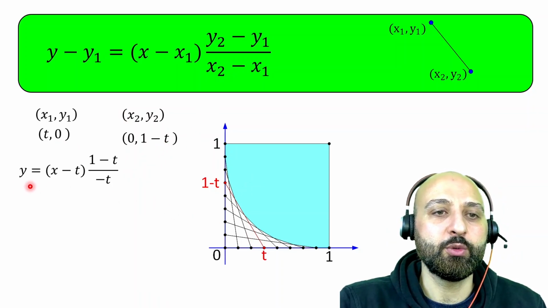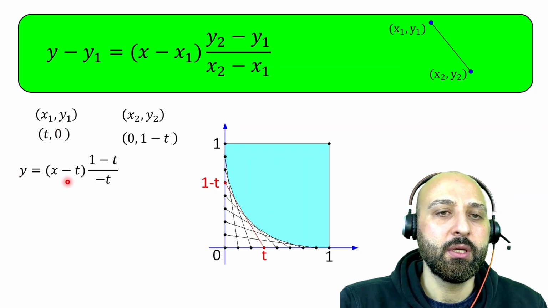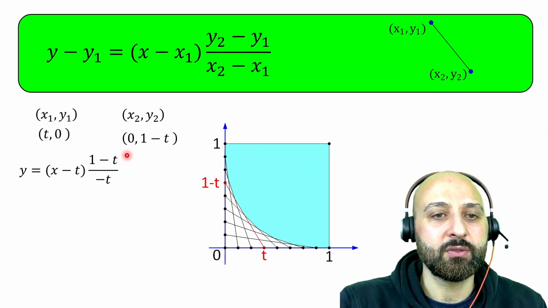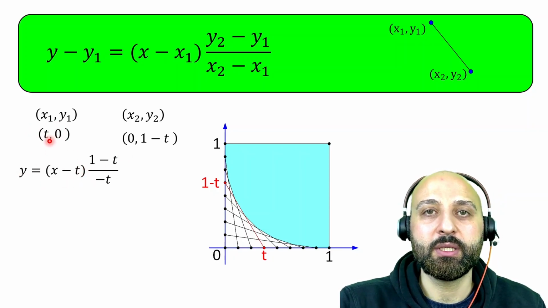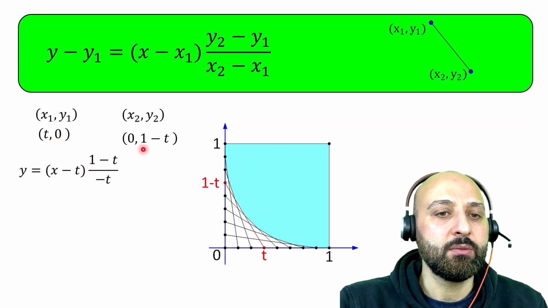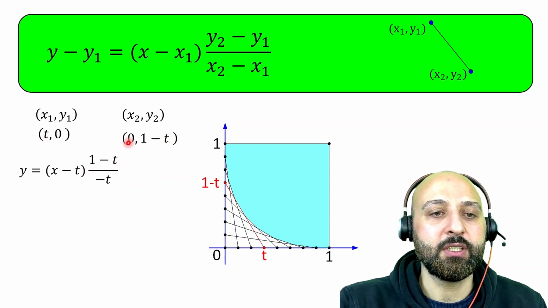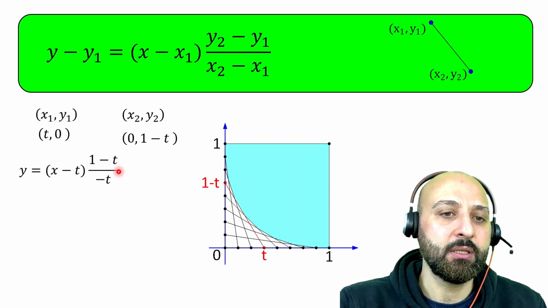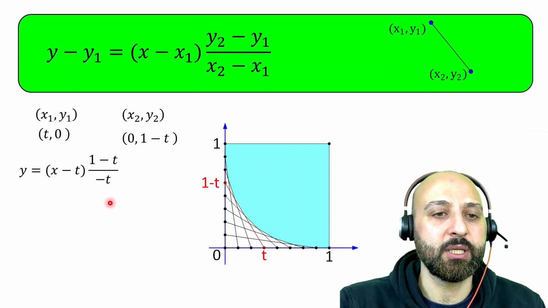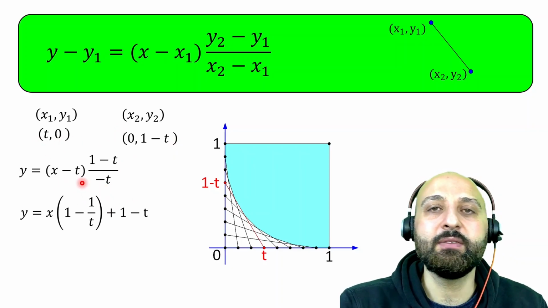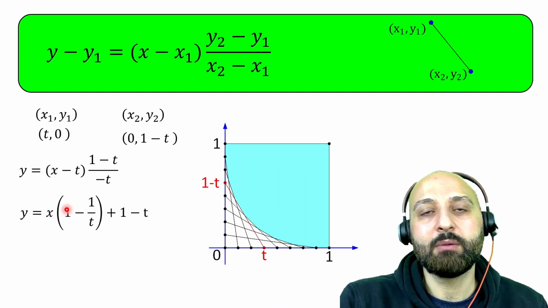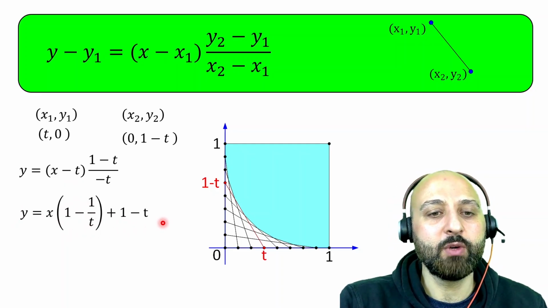Obviously, the equation will be y minus 0 equals x minus t, this x1 is t, times 1 minus t minus 0, so 1 minus t, divided by 0 minus t, which is minus t. And we can expand this. Basically, we get y is equal to x times 1 minus 1 over t plus 1 minus t.